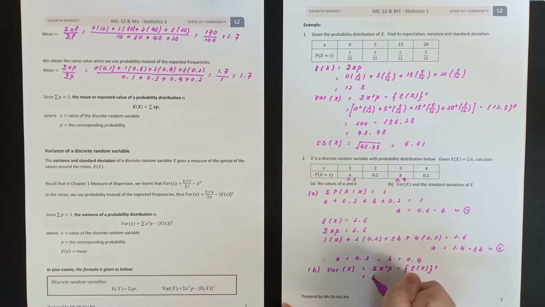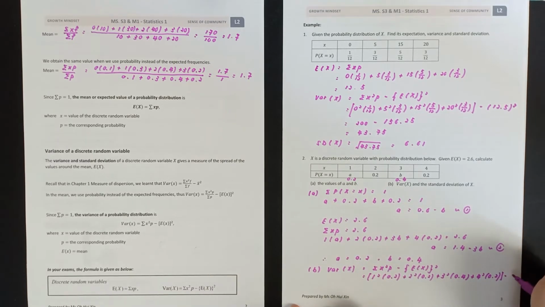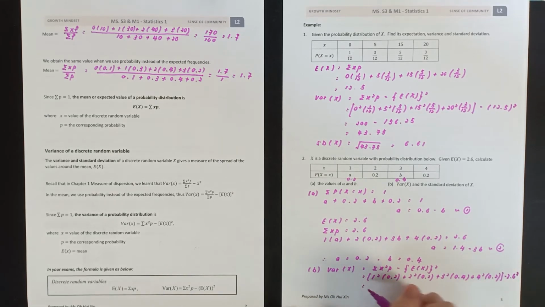So it equals 1 squared times 0.2 plus 2 squared times 0.2 plus 3 squared times 0.4 plus 4 squared times 0.2, minus my mean here, which is 2.6 squared.